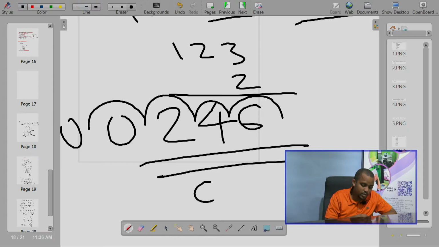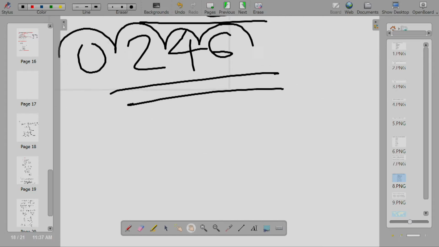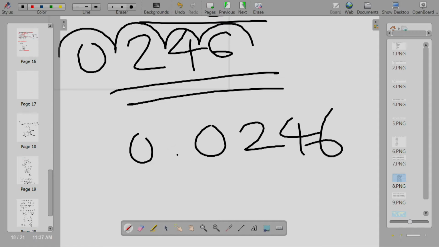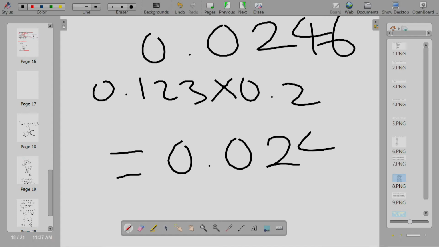So the answer will be equal to 0.0246. So if we multiply 0.123 by 0.2, the answer will be 0.0246.